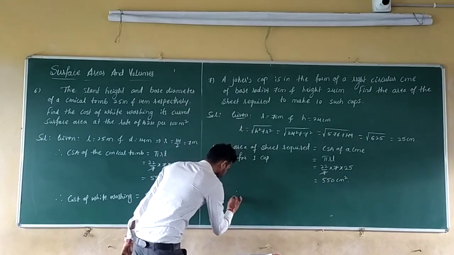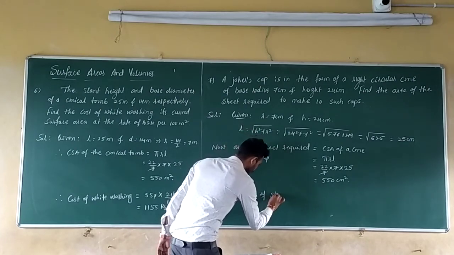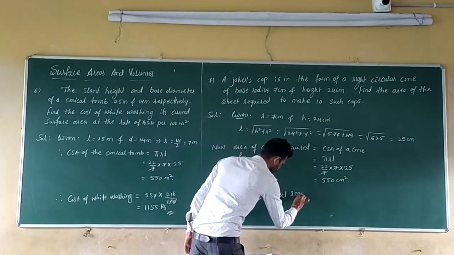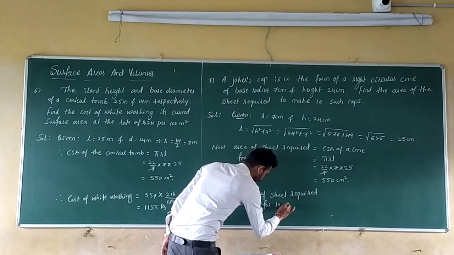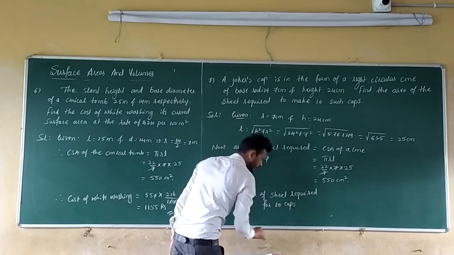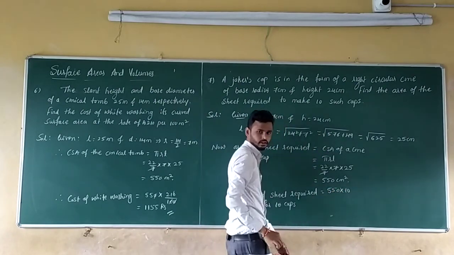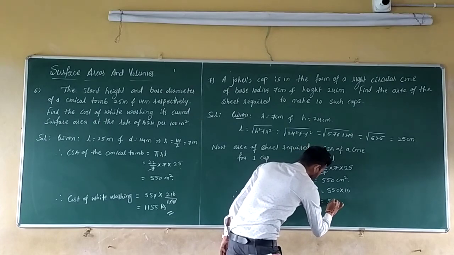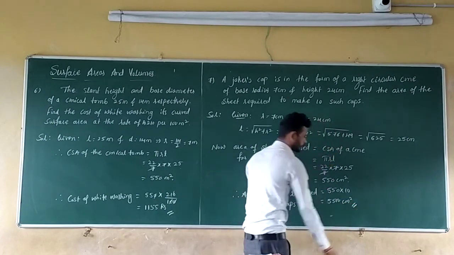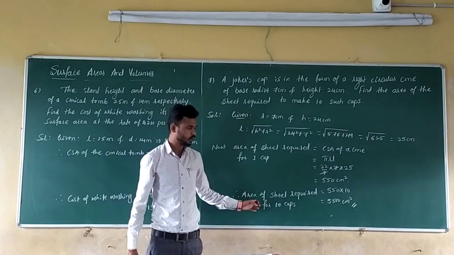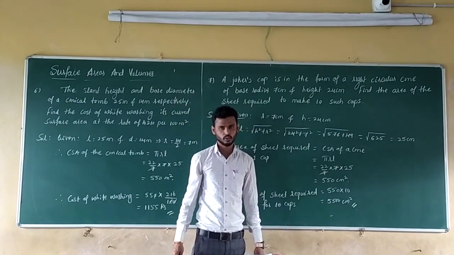Therefore, area of sheet required for 10 caps is equal to 550 into 10, which is equal to 5,500 centimeter square. Therefore, the area of sheet required to make 10 caps is 5,500 centimeter square.